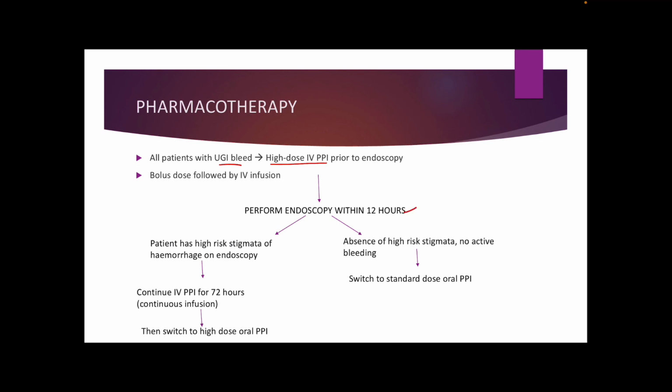Now if the patient has a high risk stigmata of hemorrhage on endoscopy, we continue the IV PPI for 72 hours as continuous infusion, and then we switch them to a high dose oral PPI. But on endoscopy, if there is absence of high risk stigmata with no active bleed, you can just put the patient on a standard dose of oral PPI.